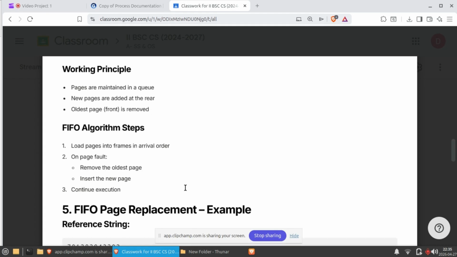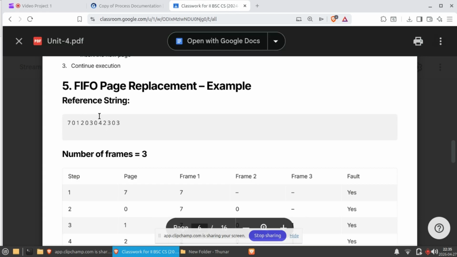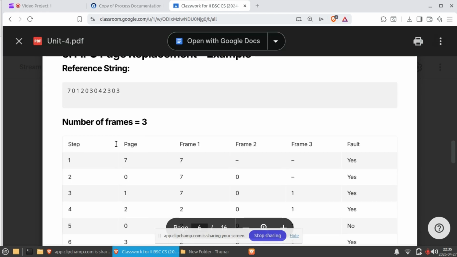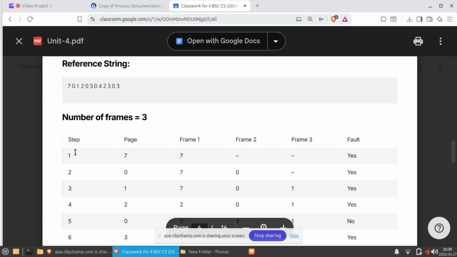See, so FIFO. This is the program or process. The number of frames is three. These are the pages, and three frames: frame one, frame two, frame three, and fault yes or no. First step, page seven goes to frame one.